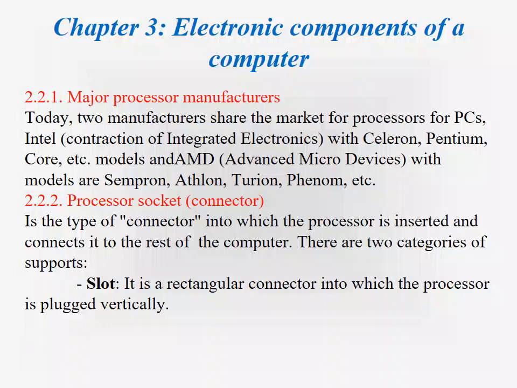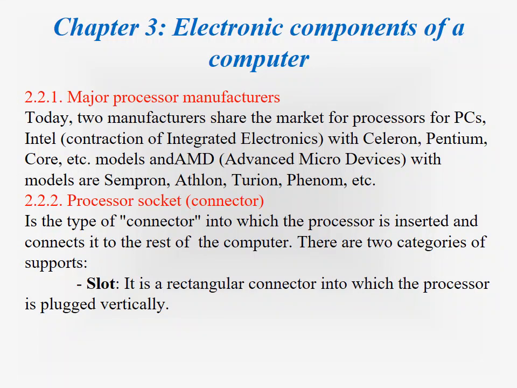The processor socket or connector is the type of connector into which the processor is inserted and which connects it to the rest of the computer. There are two categories of supports.